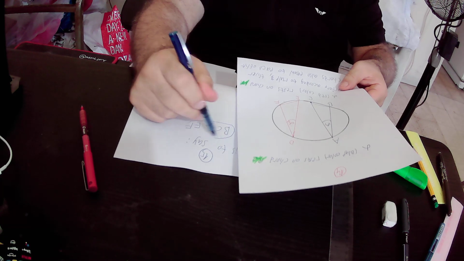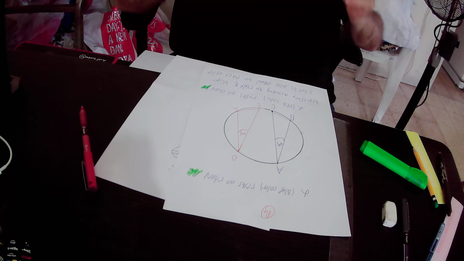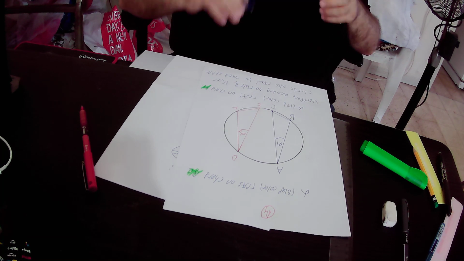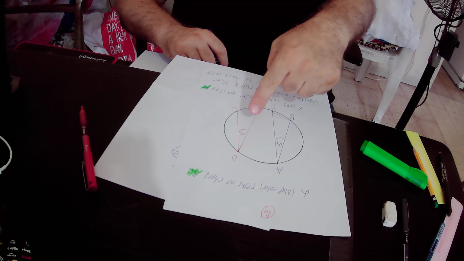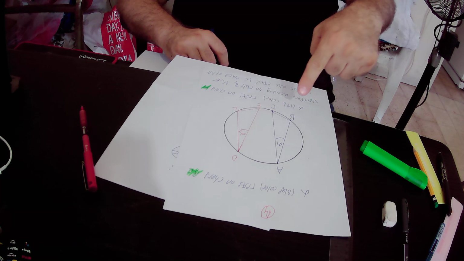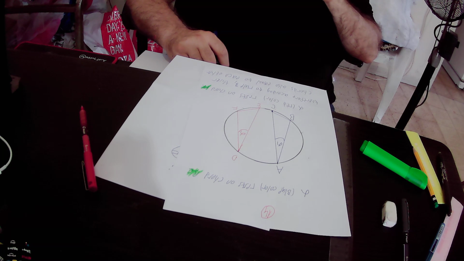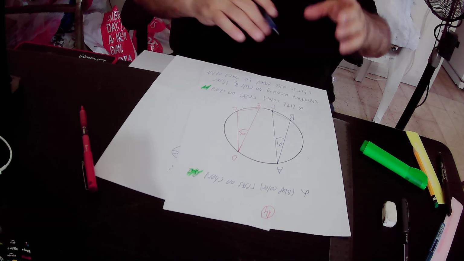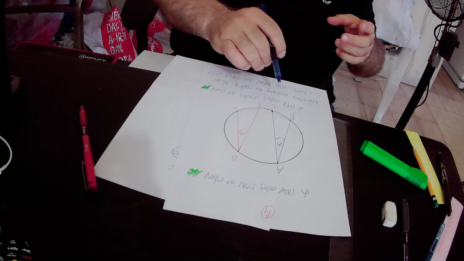Okay? So, equal peripheral angles rest on equal chords. This angle equals to this angle, so this chord also equals to this chord. Okay, because equal peripheral angles rest on equal chords.